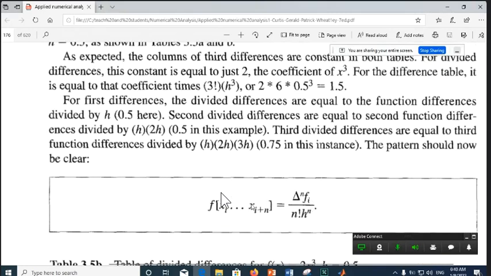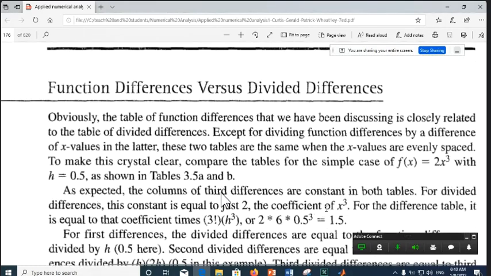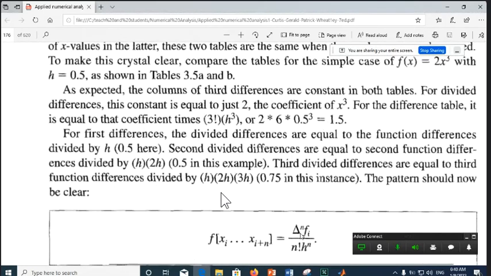Here is the relation between divided differences and function differences, or binary differences. For example, f bracket xi until xi plus n equals del n fi divided by n factorial h to the power n.